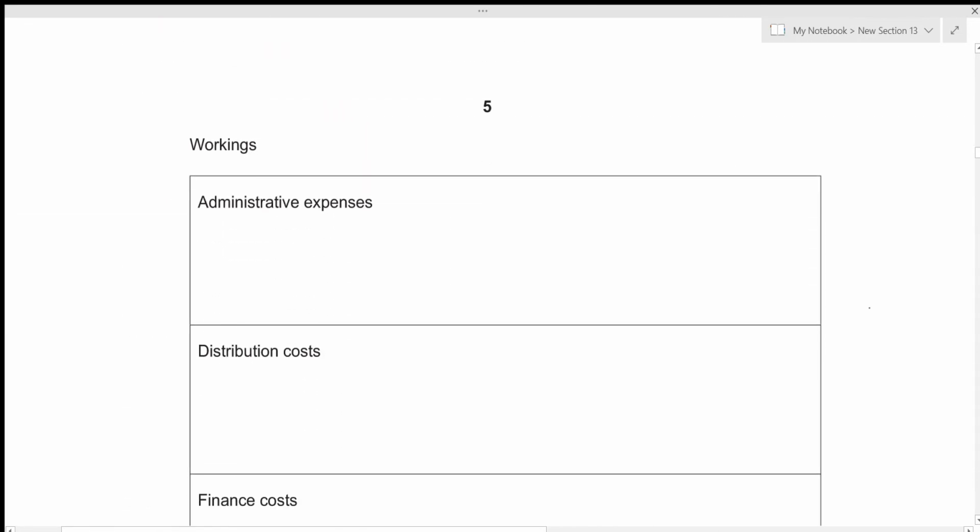All right, I think that sums up the items that need to be recorded under the administrative expenses. So let's just write it down. So firstly, we'll start with our balance. Then we need to allocate 30% of wages and salaries. Then we allocate 75% of director's remuneration. Then we have bad debt.